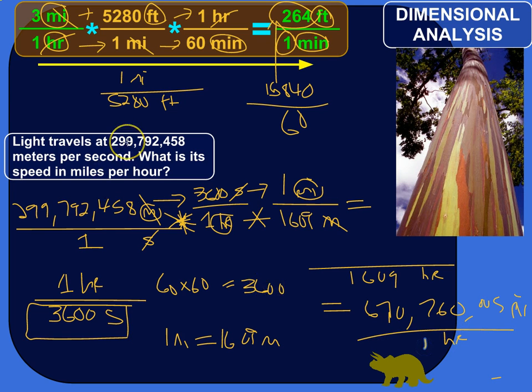So light travels at roughly 300 million meters per second. That's a little over 670 million miles per hour.